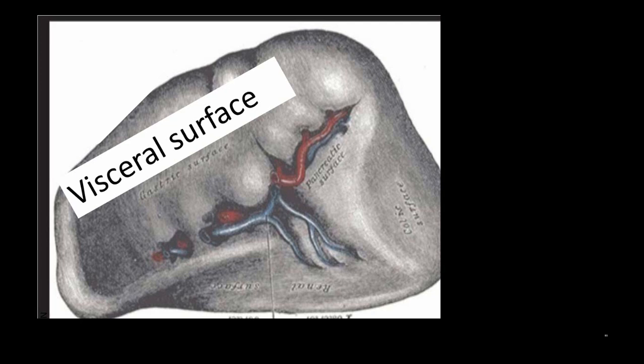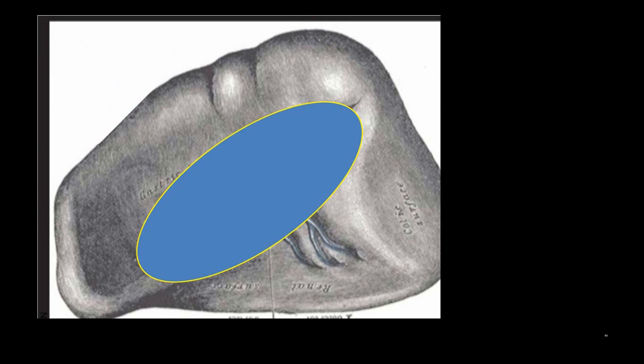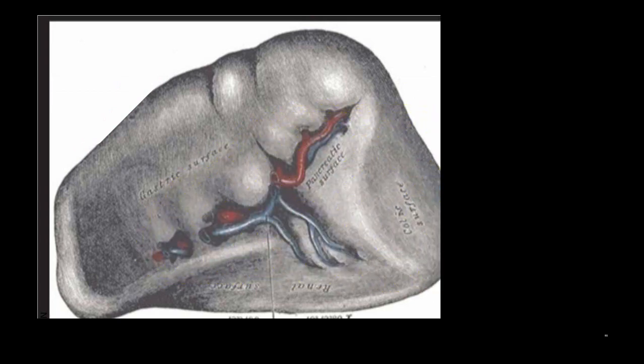Structures which leave at the hilum are splenic vein and lymphatics. Spleen has two surfaces. Diaphragmatic surface, which is smooth, is related to left dome of diaphragm. Visceral surface is irregular, it is related to various viscera. The hilum of the spleen is present on the visceral surface.